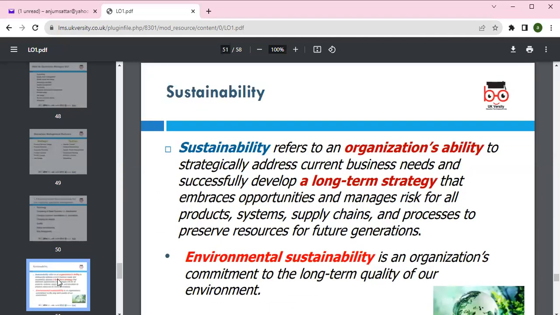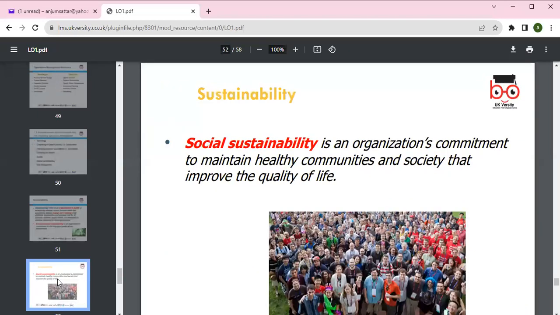Okay, then we have sustainability. The word sustainability means meeting the needs of the current generation without compromising the needs of future generations. We need to focus on profit, planet, and people, also known as the triple bottom line.